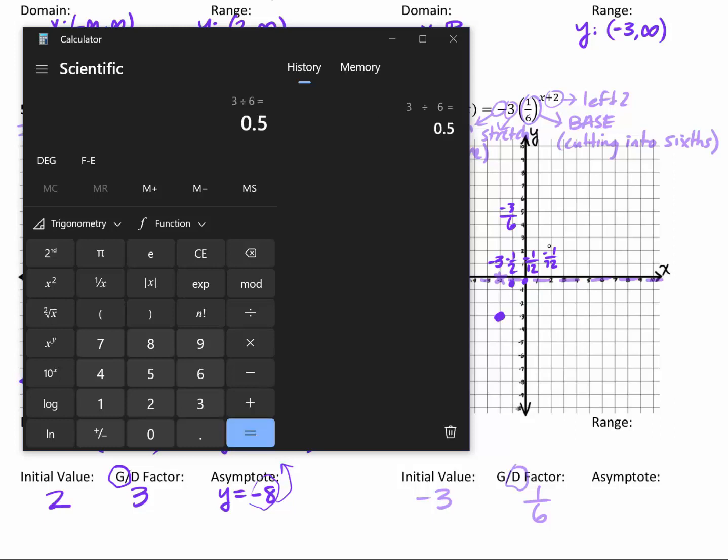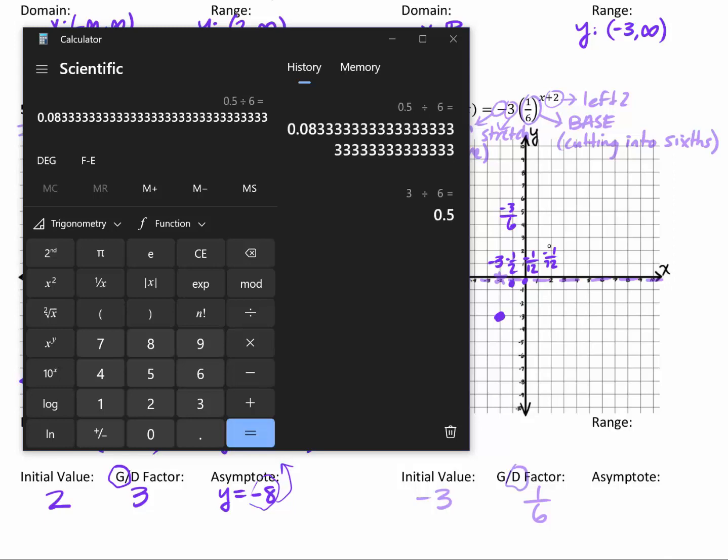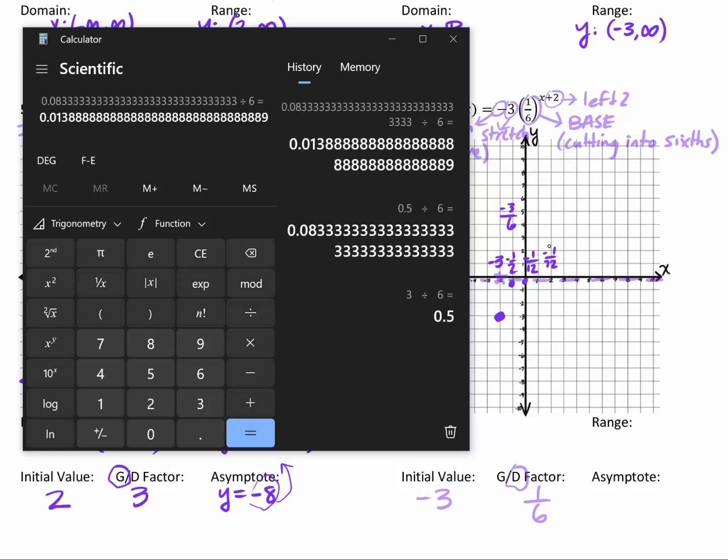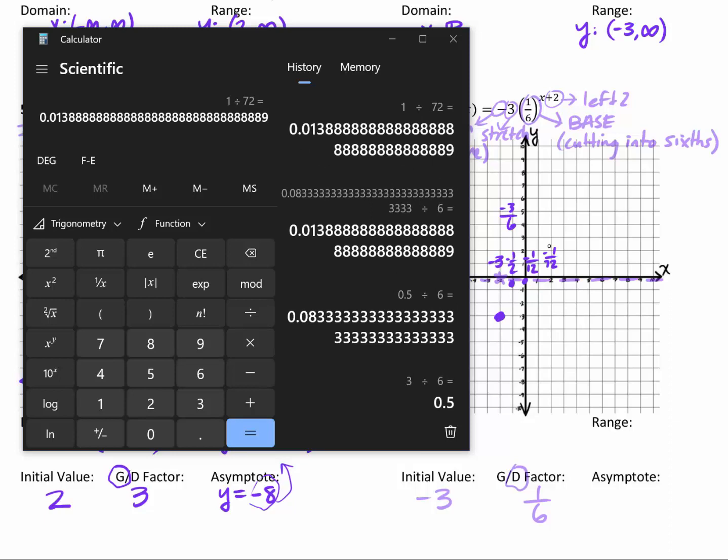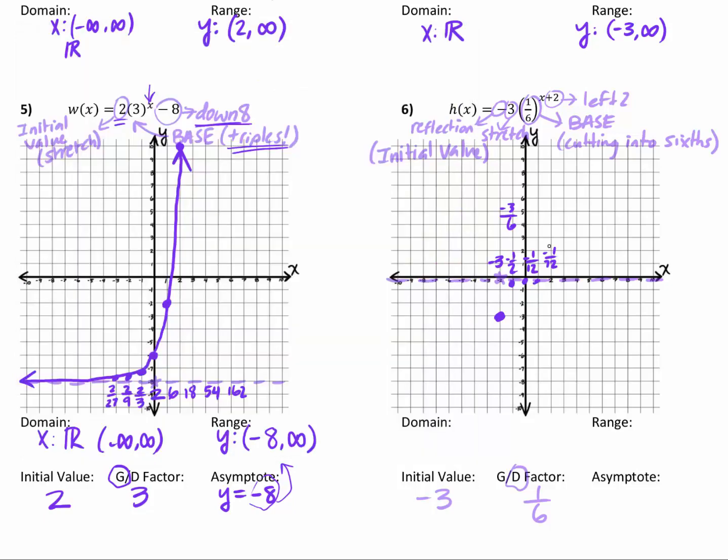Then, after 0.5, hit that again. 0.08 is 1/12. That's how much that fraction is. Then if I go ahead and take 1 divided by 72, I get this 0.01 number. Just to prove it to you, they're the same number over here on the right. Okay, 1 over 72 and 0.01388888 forever. So these are so close to the asymptote.